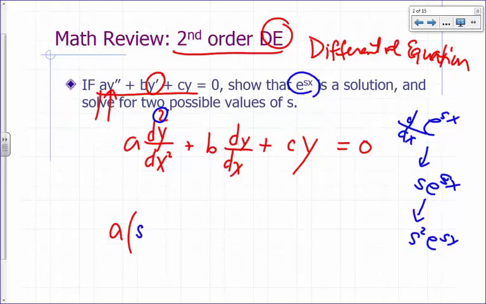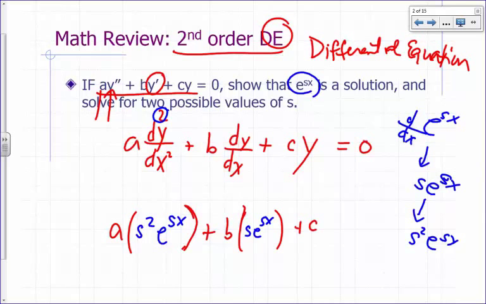So this is going to be a s squared e to the sx plus b times the derivative of e to the sx with respect to x, which is s e to the sx, plus c times e to the sx equal to 0.